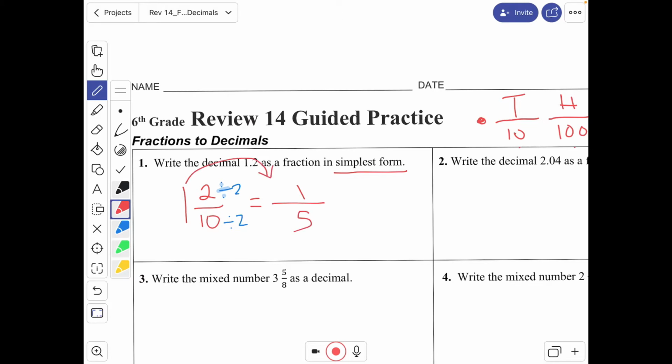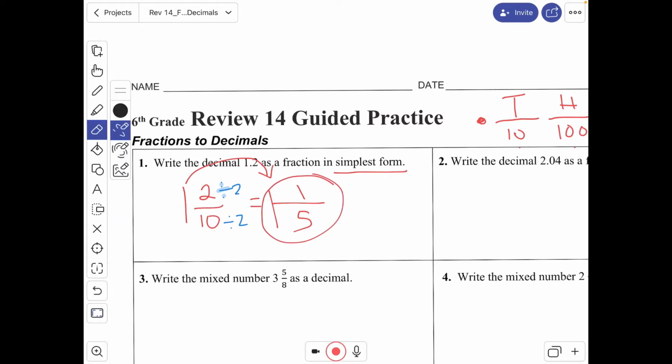Don't forget to bring the whole number over. So it's 1 and 1/5. You might have already known that if you memorized the fraction decimal pairs. 0.2 is 1/5. Remember, fifths are counting 20s.